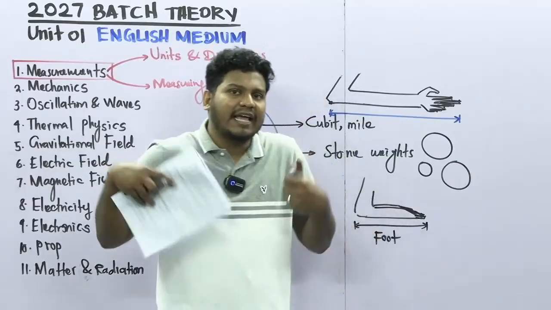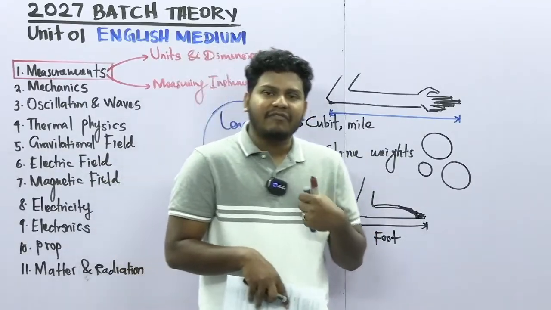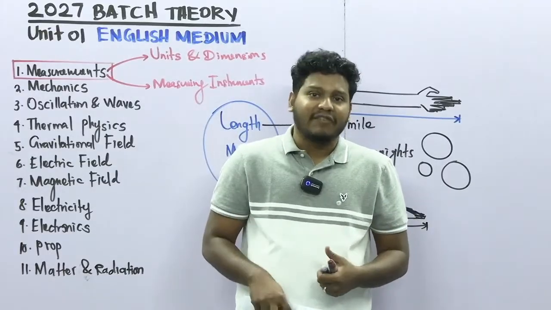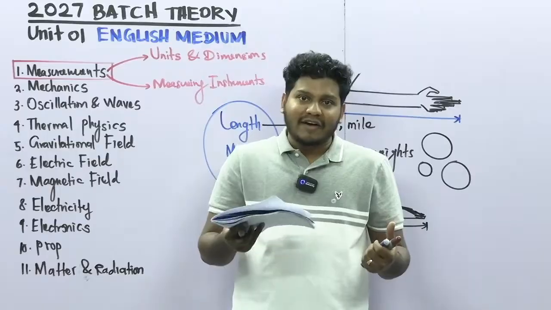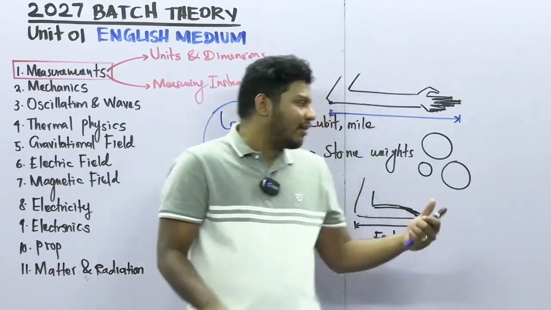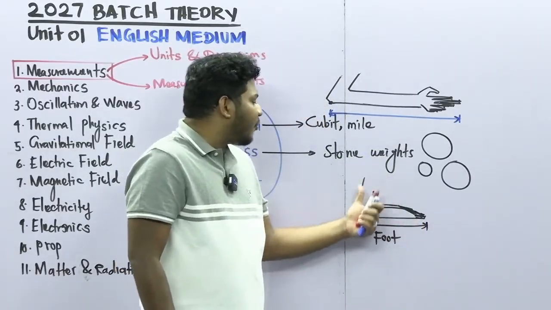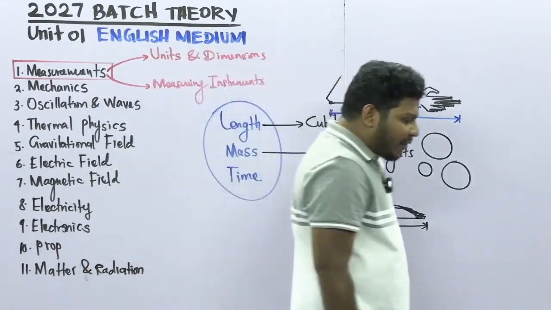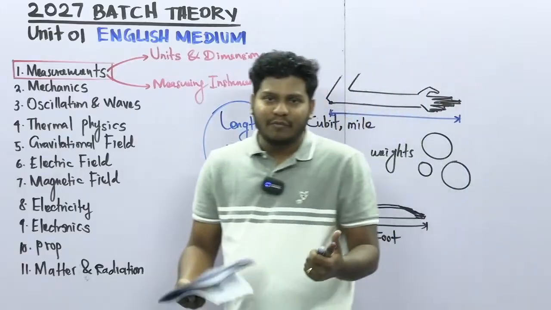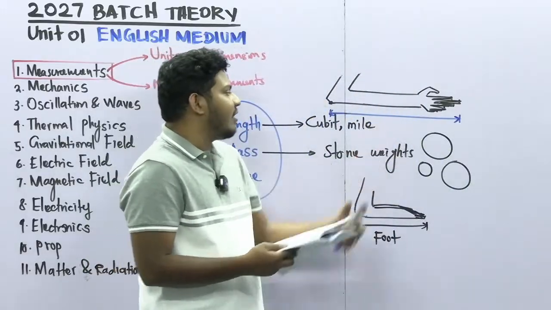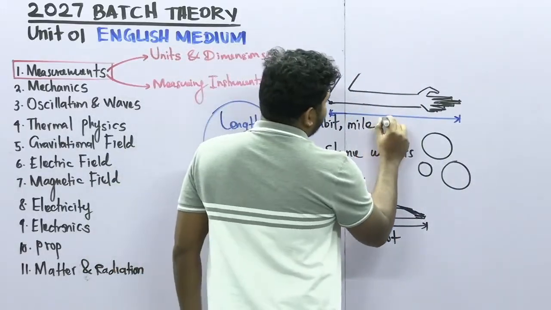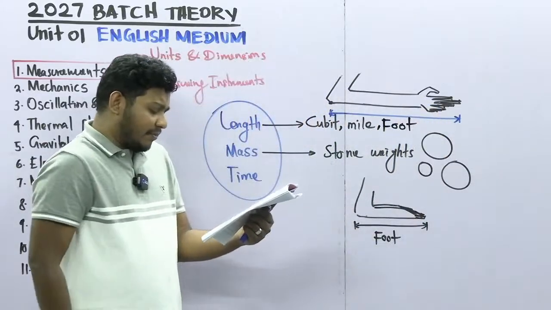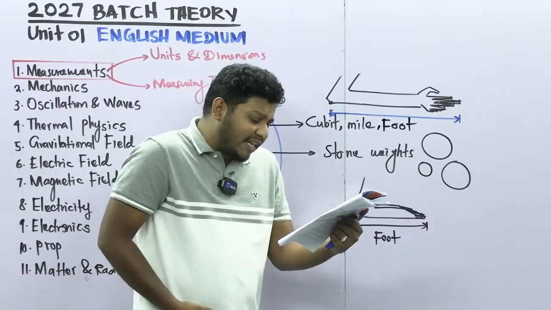If I say I am 5 feet 11 inches, at that time we are using feet. Feet is the plural of foot, right? So that is how it works. So again they are moving to the foot, the foot in order to measure the length.